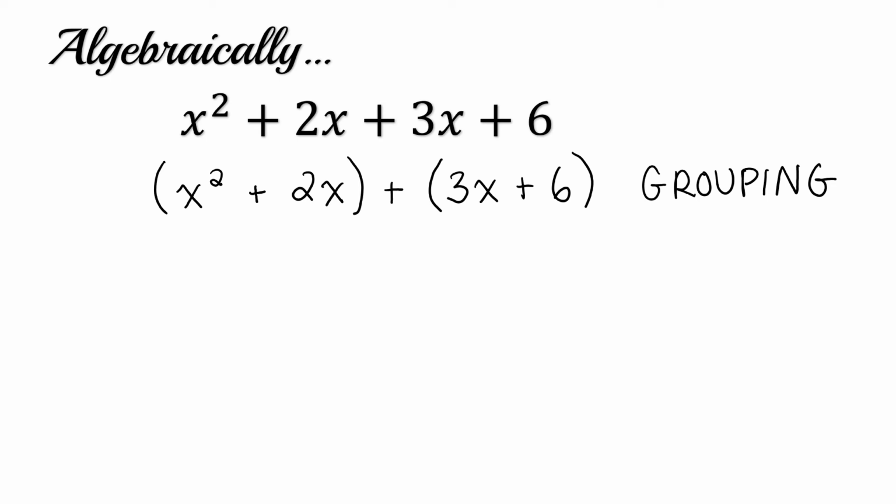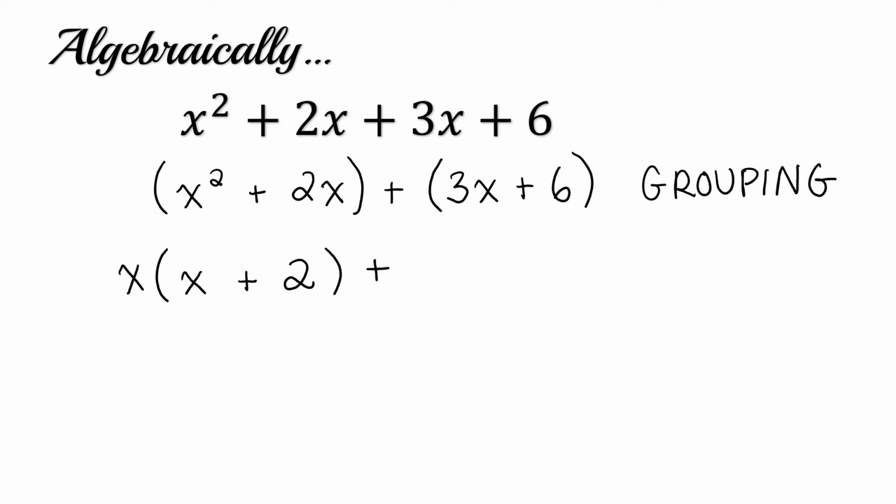After you've grouped terms together, the next thing you want to do is factor the greatest common factor out of each group. The greatest common factor between x squared and 2x is x, so we'll factor an x out from that group. X squared divided by x is x, plus 2x divided by that greatest common factor x is 2. So I factored an x out of each term in that group.